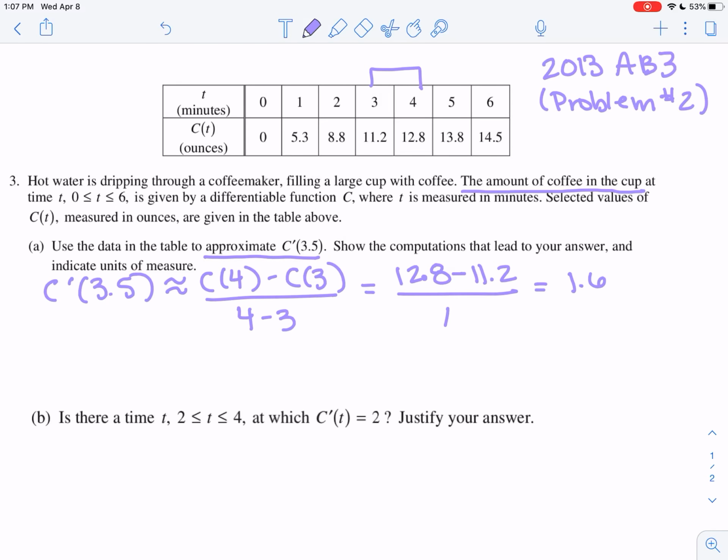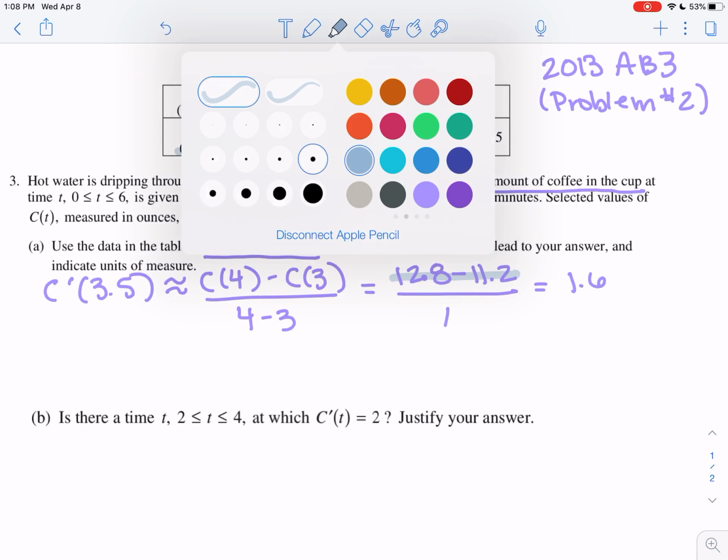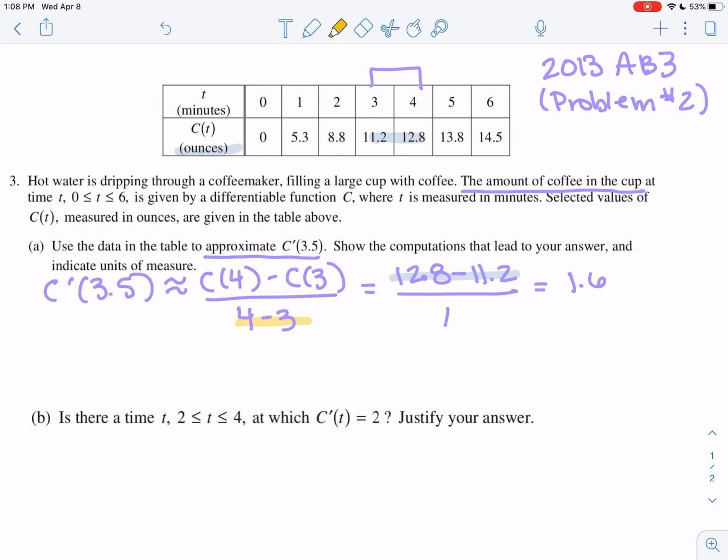All right, let's talk about units. These numbers came from this row, which was in ounces, and these numbers came from this row, which was in minutes. So I'm going to have ounces over minutes. That's all that the problem asked you to do.